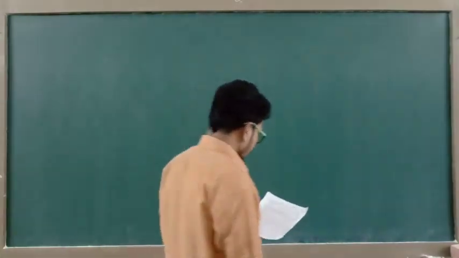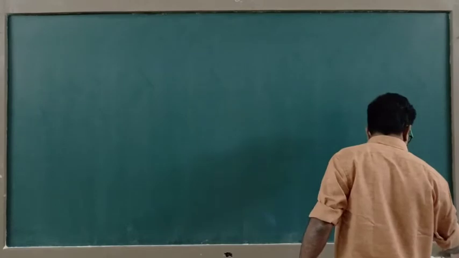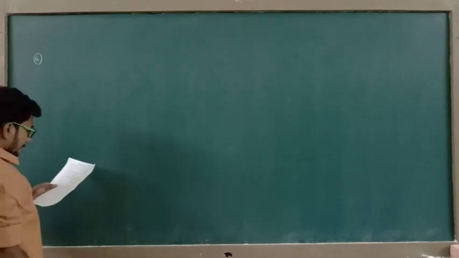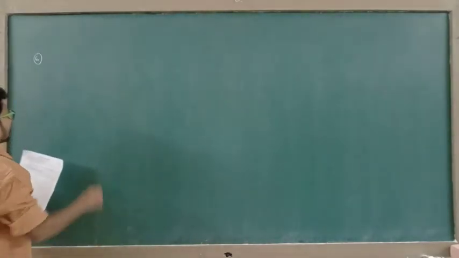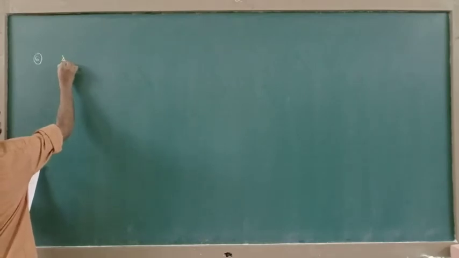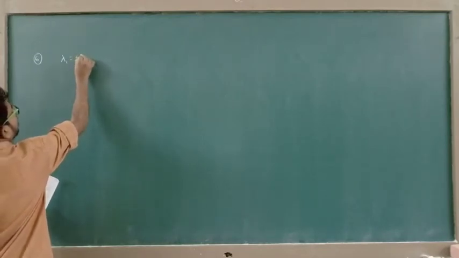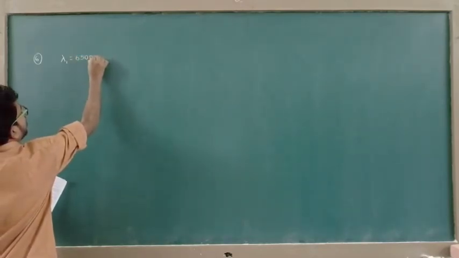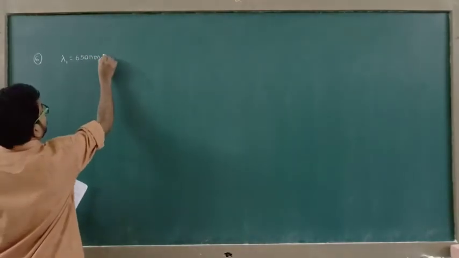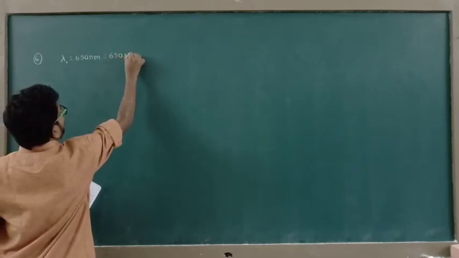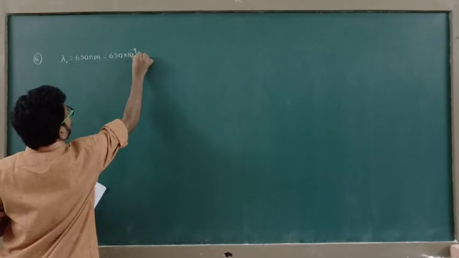So here, first note down the given data. Sixth one: let us take lambda 1 is equal to 650 nanometer, or this is equal to 650 into 10 to the power minus 9 meter.